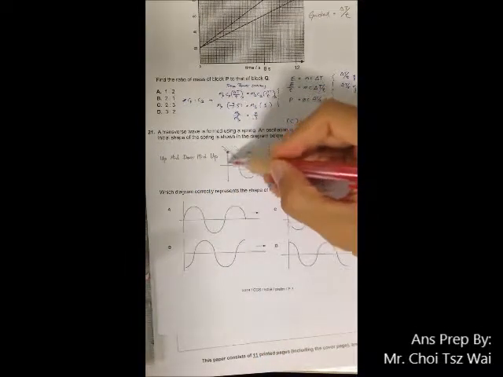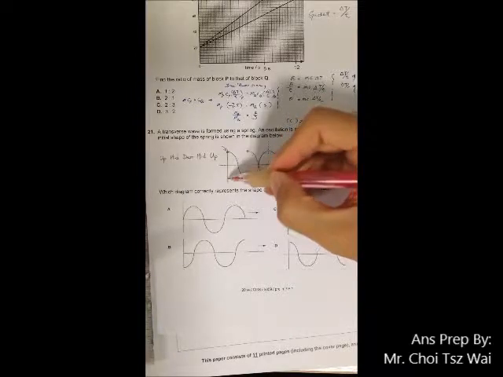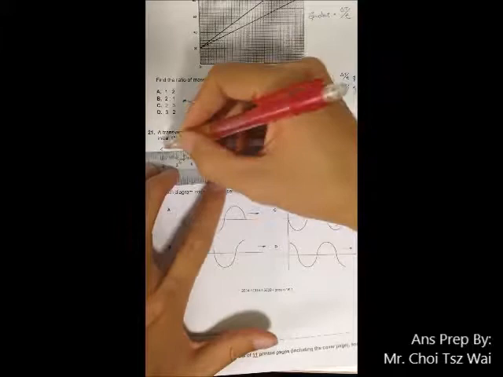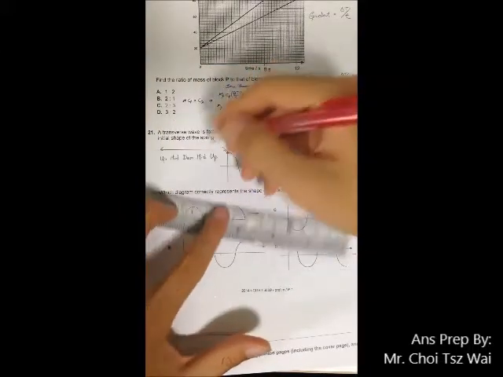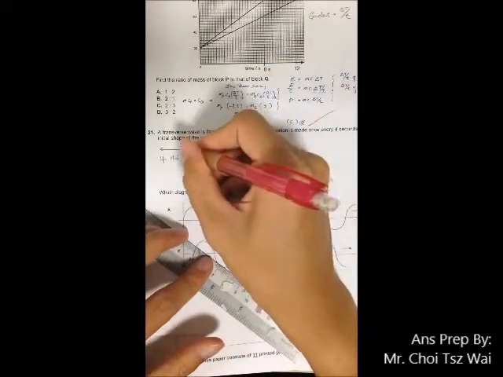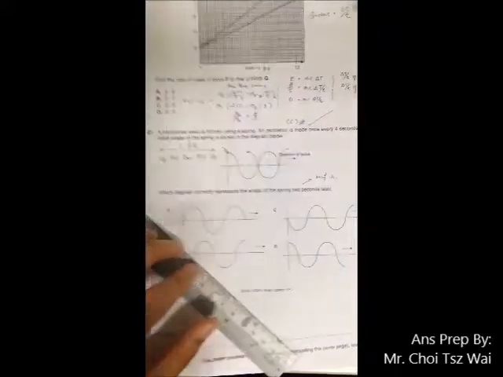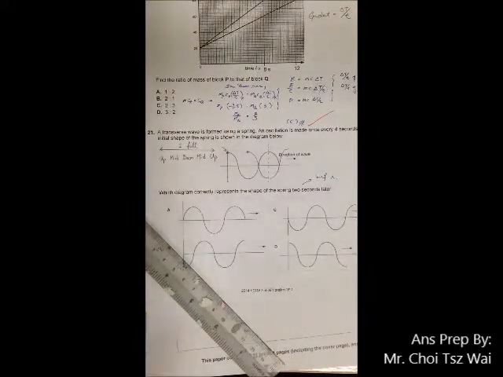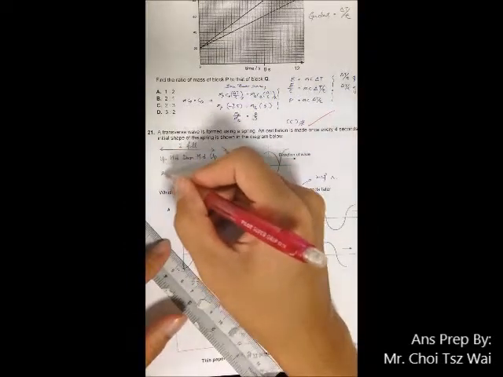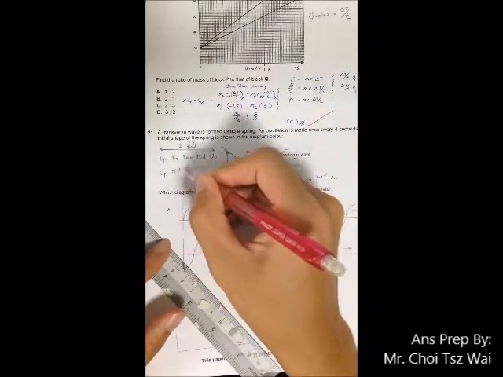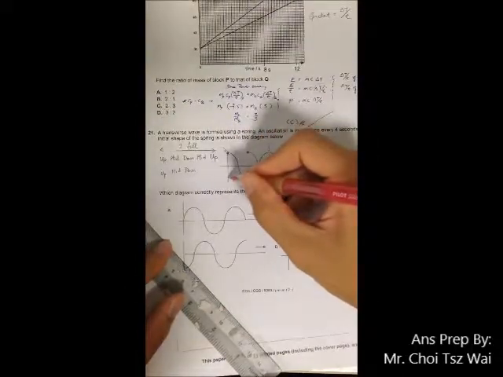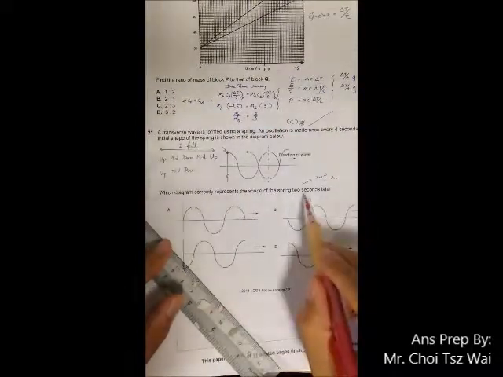So this point is oscillating up, middle, down, middle, up. This is one full oscillation. Okay, so meaning that if you are doing half an oscillation, it will be at up, middle, down. Okay, meaning that this point will be here 2 seconds later.